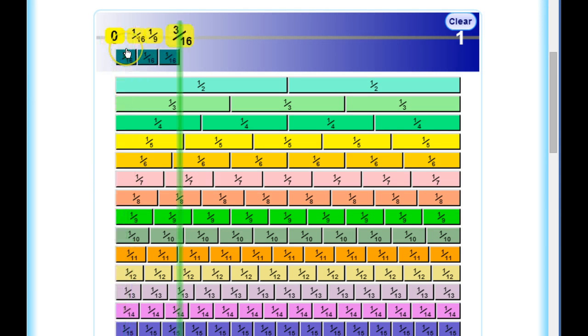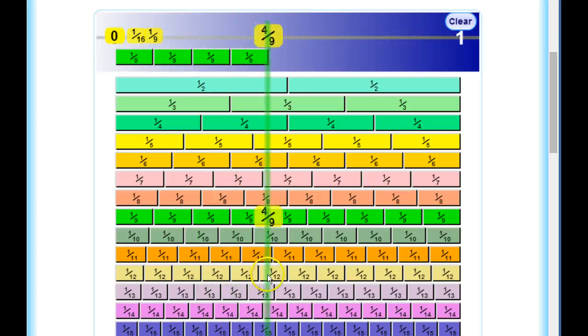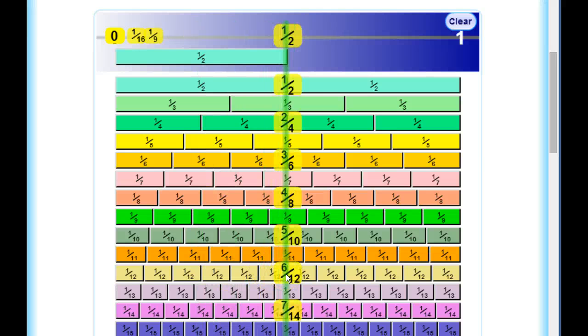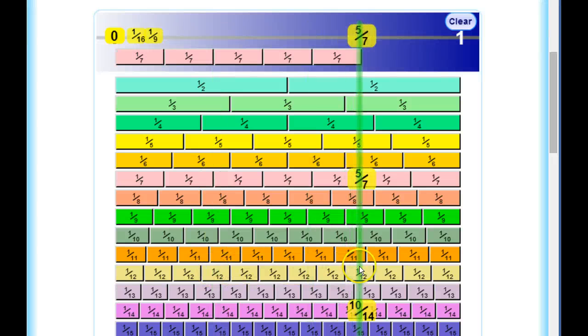One is a number of fraction bars and fraction equivalents. If I move to 1/4, I also see that 2/8 and 3/12 are equivalent. Let's move to 1/2. Look at all the different fractions that are equivalent: 7/14, 6/12, 5/10. This is a great tool that you'll definitely want to explore.